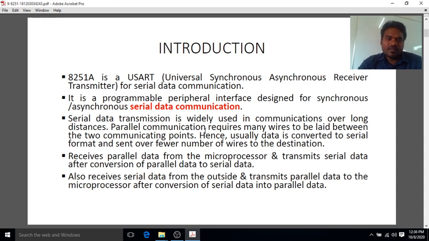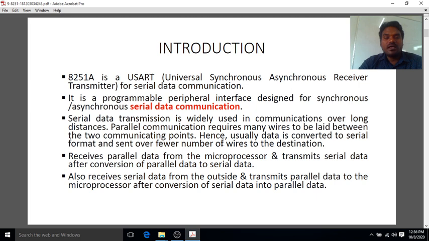Parallel communication requires many wires to be laid between the two communication points. If you want to transmit data in parallel between the source and the destination, we have to have many transmission lines. So to avoid this problem, we go with serial data communication.